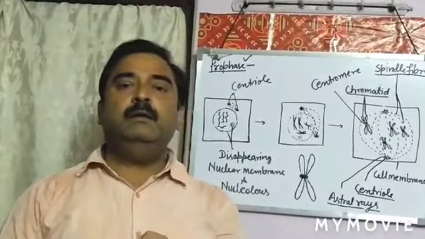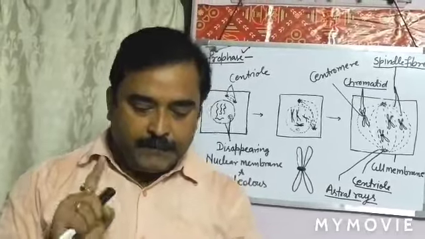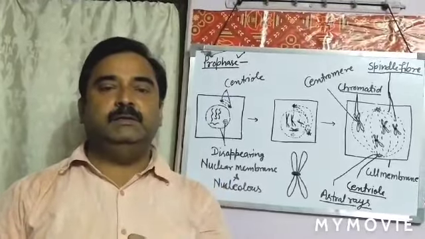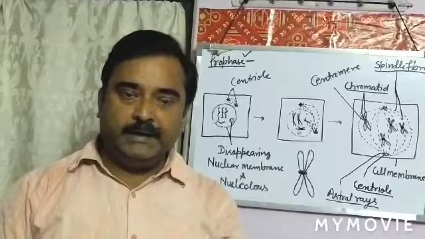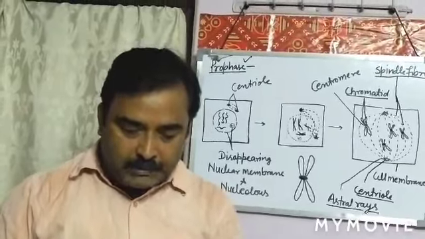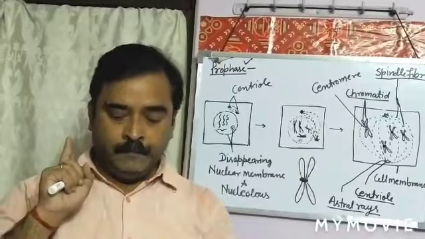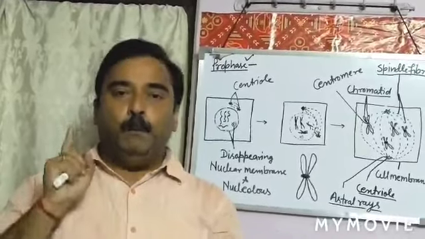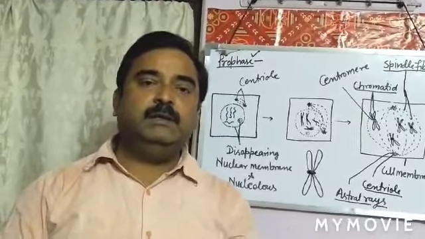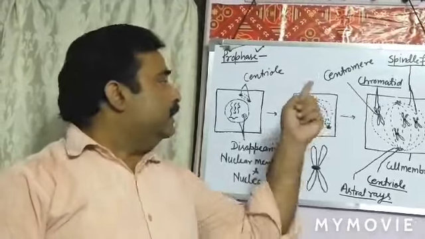The nuclear membrane and nucleolus disappear in this stage. The chromatin network becomes chromosomes. Each chromosome contains two sister chromatids. Both sister chromatids are connected with each other by the centromere.